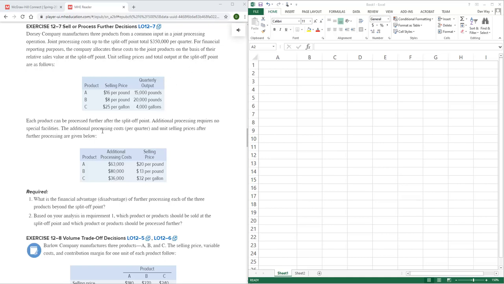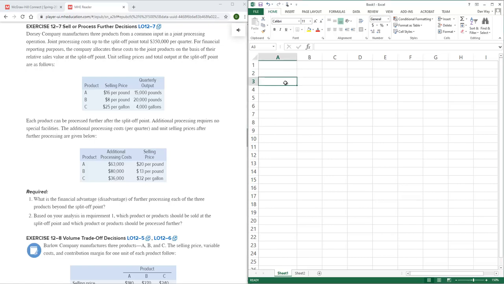Each product can be processed further after split off. Additional processing takes no special facilities, and then we know the additional processing cost per quarter and the unit selling prices after further processing in this second box. So the first requirement is to determine the financial advantage or disadvantage of further processing each of the three products beyond the split off point.